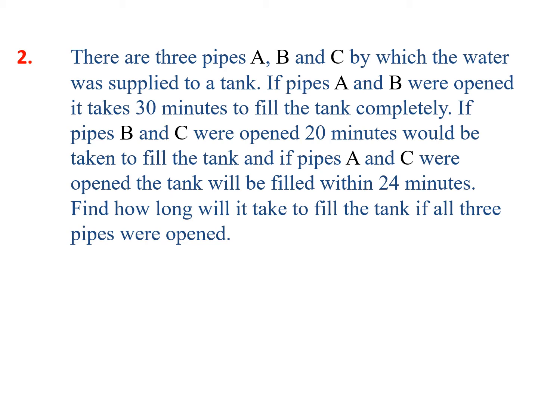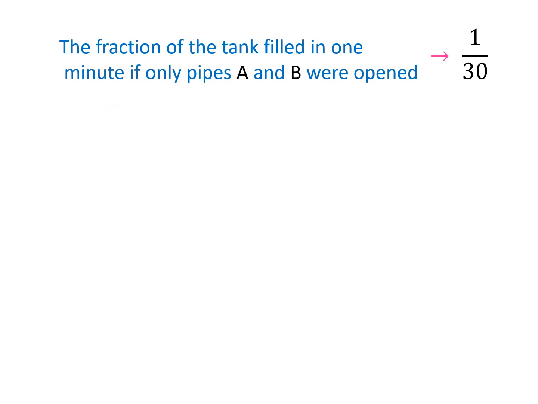That is the main point to be considered to answer this question. So we can write it like this. The fraction of the tank filled in 1 minute if only pipes A and B are open is 1/30th.